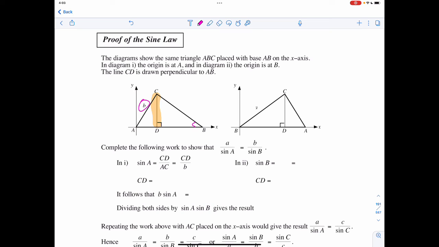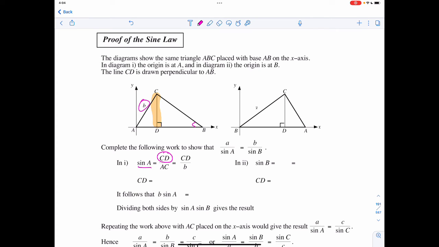Then in this case, I can say that sine of angle A would be the side length opposite CD divided by the hypotenuse of this right angle triangle here of AC.